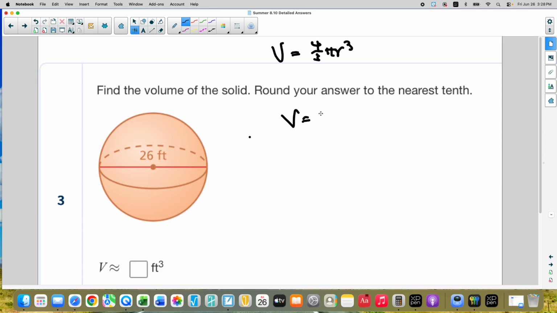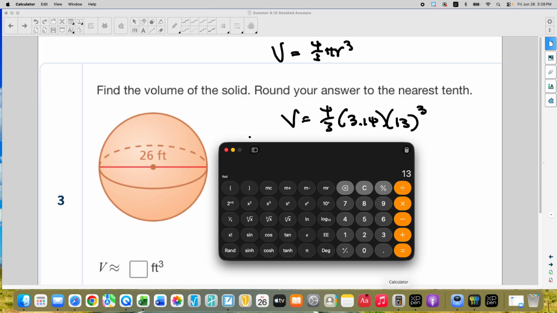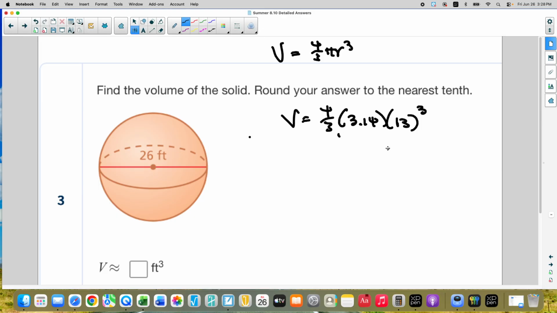So volume equals 4/3 times 3.14 times the radius, which is 13 cubed. 13 cubed is going to be a big number. 13 cubed equals 2197. 2197 times 3.14 times 4/3.